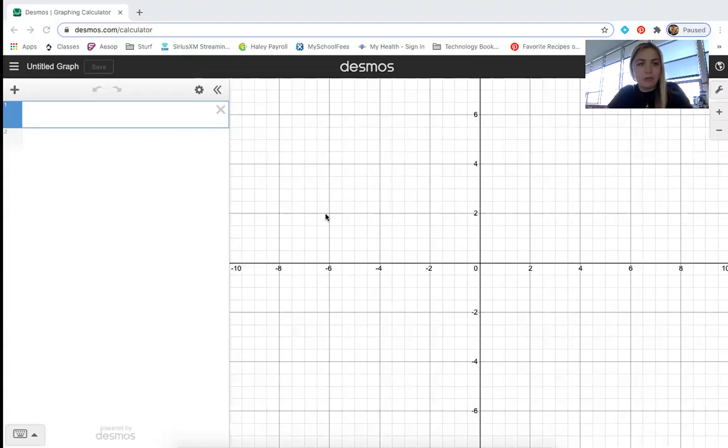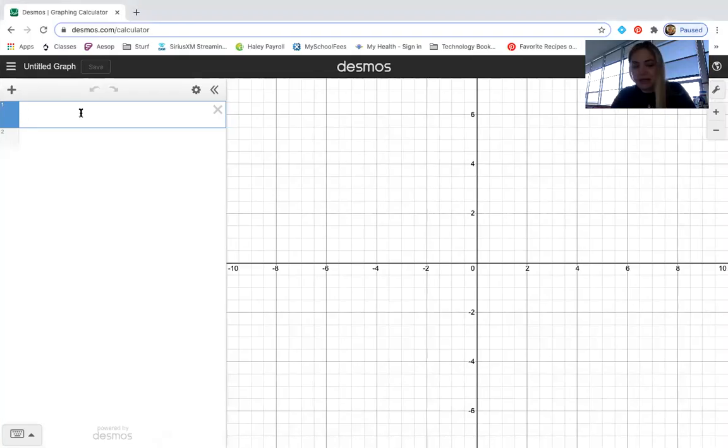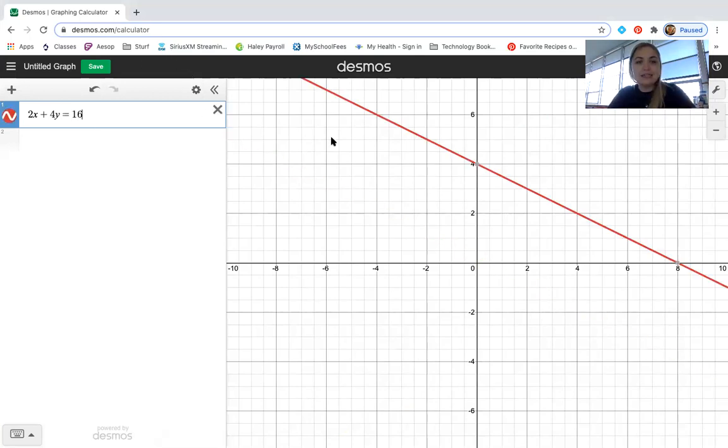If I open up my Desmos calculator and I type in 2x plus 4y equals 16, I get this lovely looking straight line graph. So my straight line would say that this thing is linear. So let's go back to our paper.